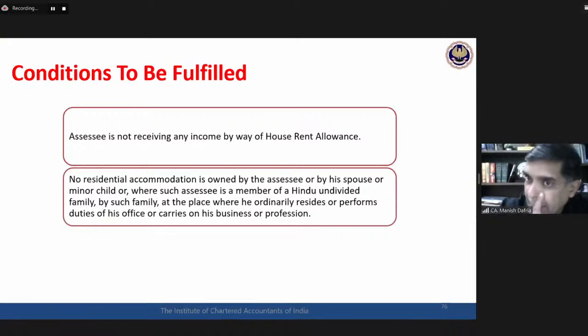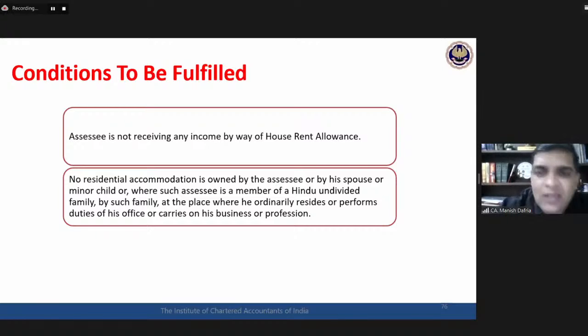Then the second condition. I am staying in a rented accommodation, and for this rent I'm claiming a deduction. But in the same city where I'm staying and paying rent, if I myself or my spouse or my minor child or my HUF owns a residential house, then there would obviously be a question: if you or your close relatives own a residential house, why are you staying in a rented accommodation?